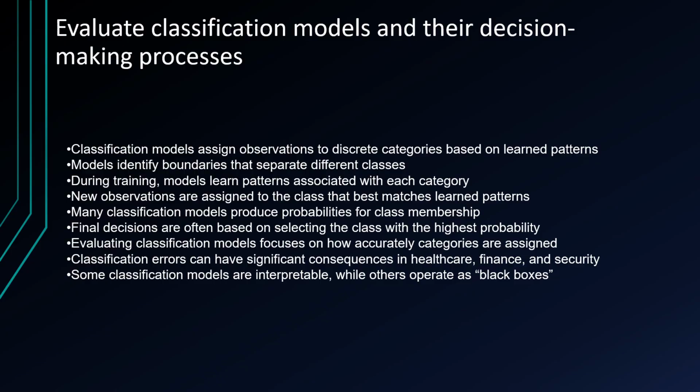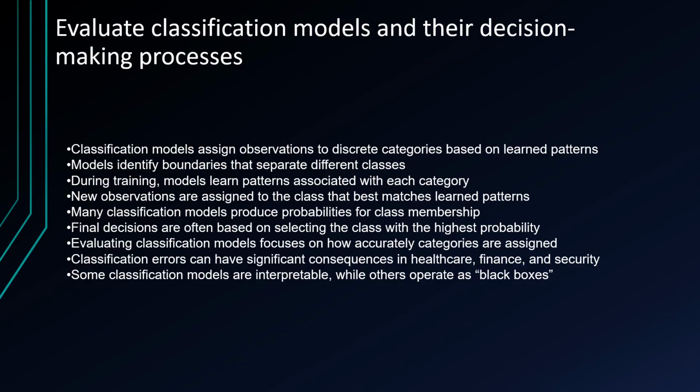Another important issue involves interpretability. Some classification models are relatively transparent and allow analysts to understand how decisions are being made. Other models operate more like black boxes, where the internal reasoning behind predictions becomes difficult to explain clearly. As machine learning systems become more complex, organizations often face trade-offs between predictive accuracy and interpretability.